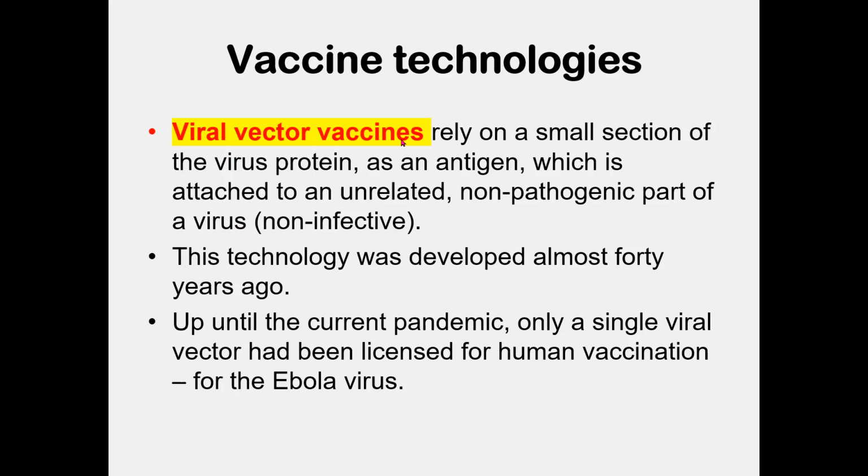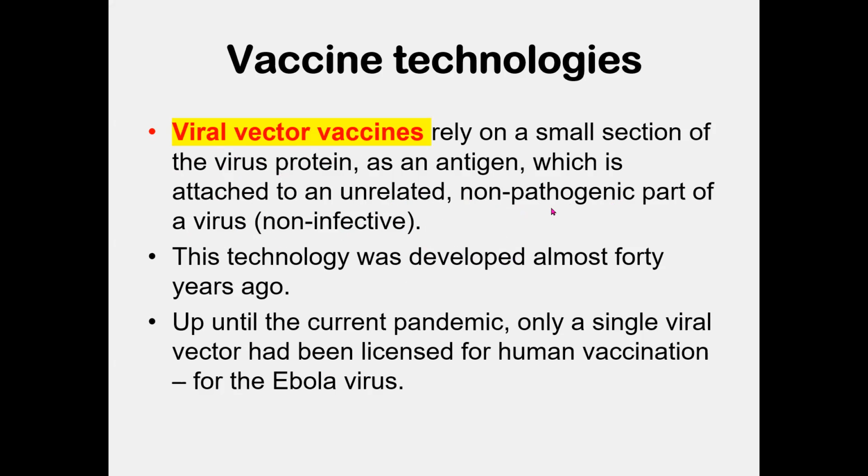So the viral vector vaccines, okay. So the vector is the thing that moves it. It relies on a small section of protein, which we call an antigen, and it's attached to an unrelated, non-pathogenic part of a virus.